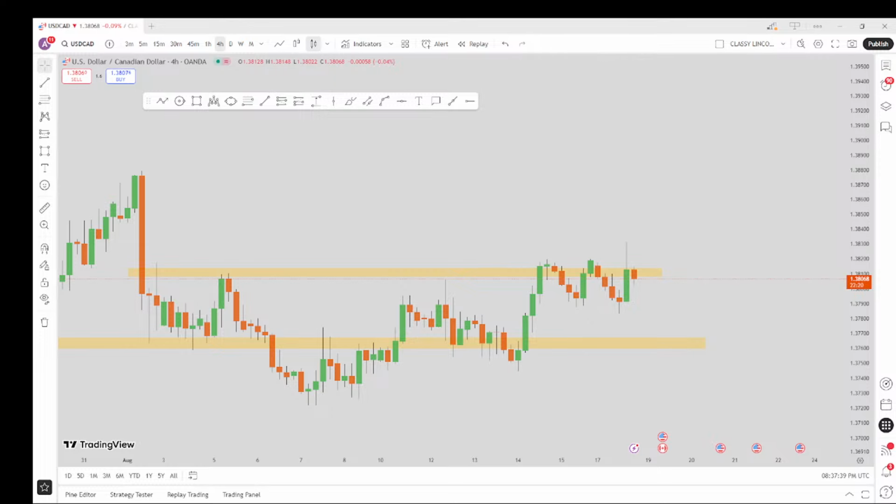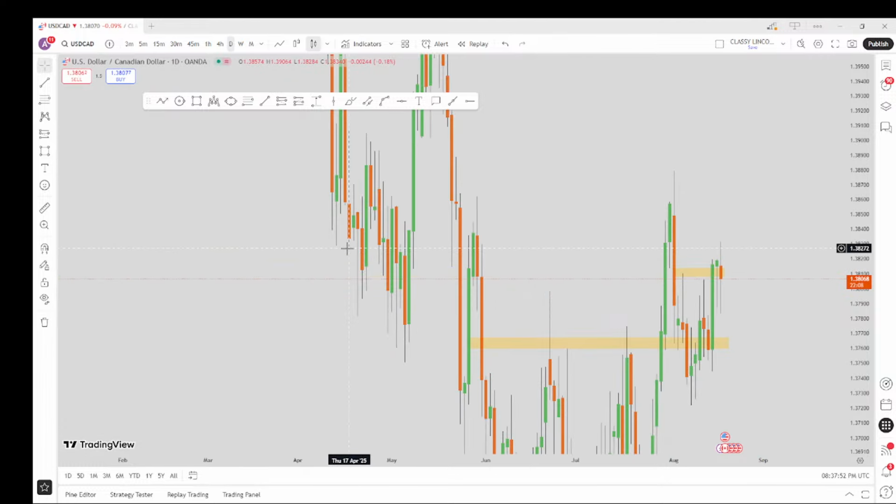So now with USD CAD, as I was saying, it was in a downtrend and price started consolidating in the higher time frame. It was in a downtrend and price started ranging. As you can see, it was just ranging, and later price broke out of this range and came back to the level at which it started ranging.